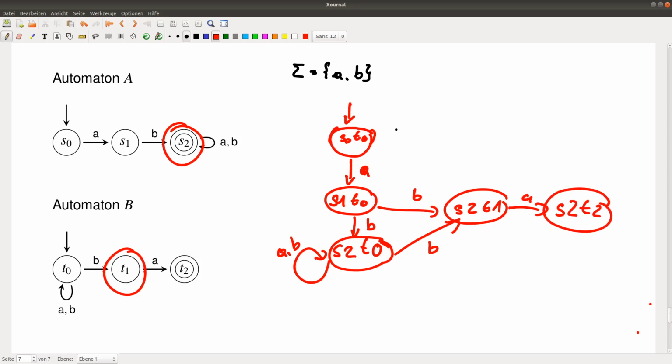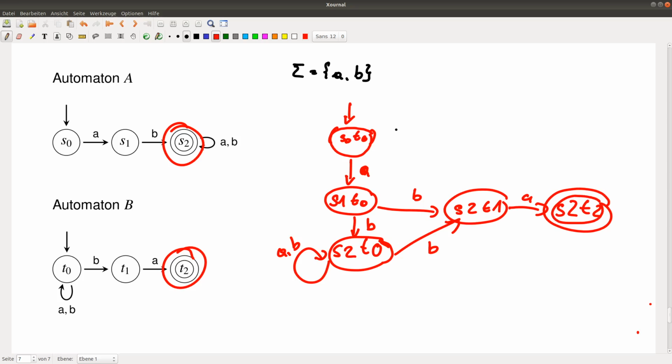And nothing else we can do, because in automaton B there is nothing we can do with a B. So finally we have to consider this S2 T2 state here, and there is nothing we can do because T2 in automaton B doesn't have any outgoing edges. Only one thing is missing. We have to identify the final states, and in A and B we have one final state each, S2 and T2, and hence the only final state in the product automaton is S2 T2.